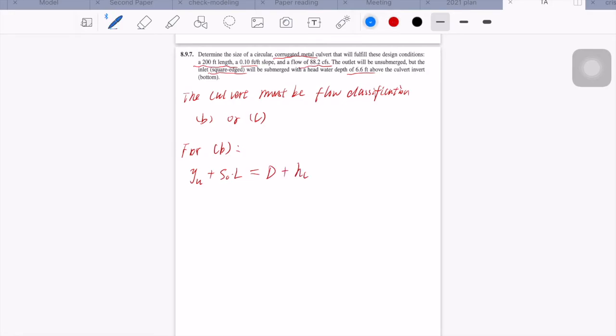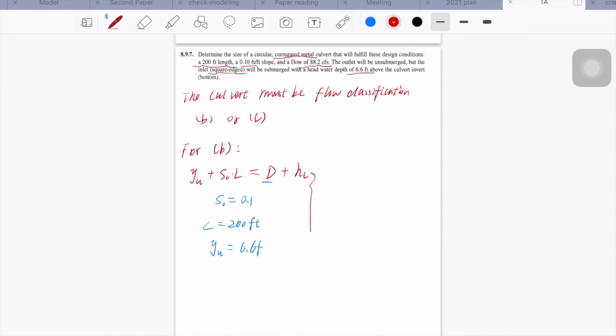This is the diameter of the pipe. So from the problem we know the slope equals 0.1 and the length equals 200 feet, and the headwater depth Yu equals 6.6 feet.